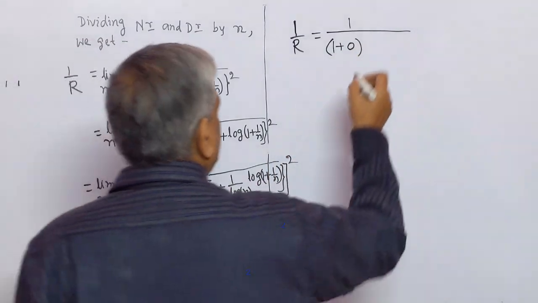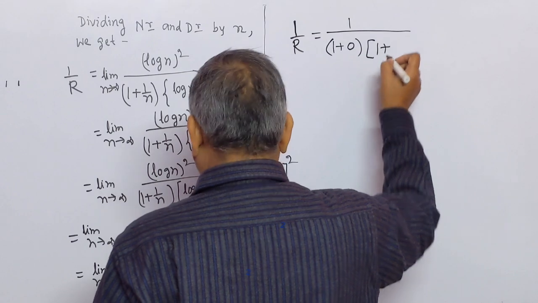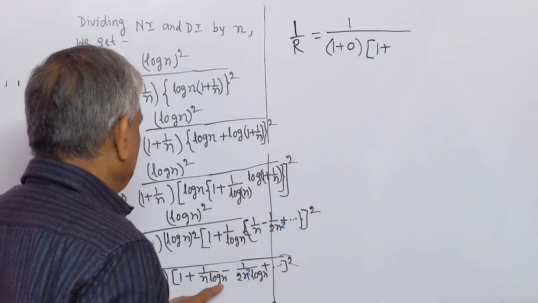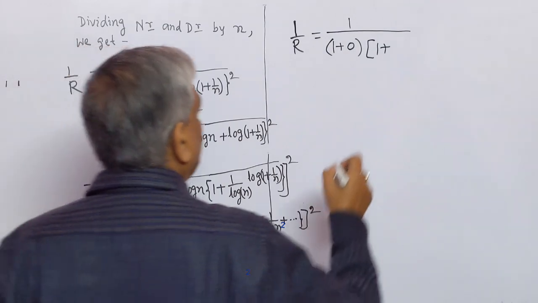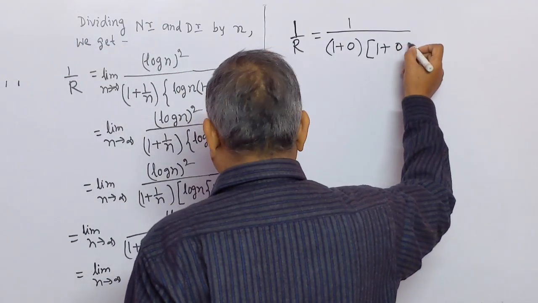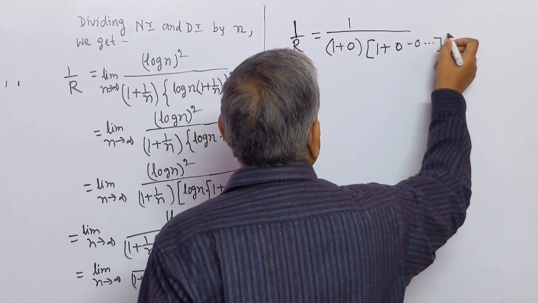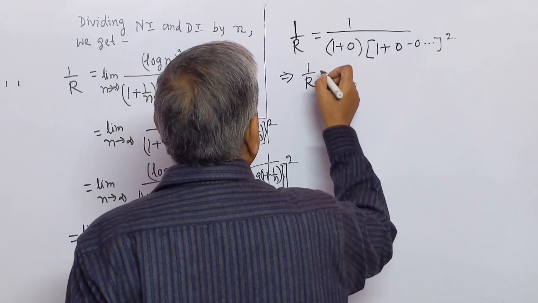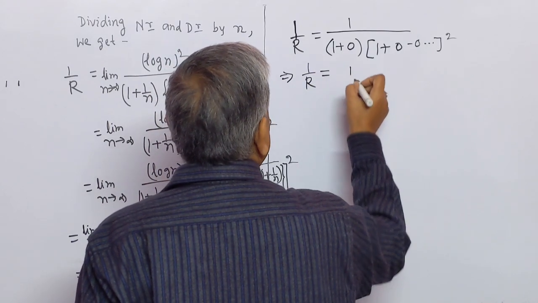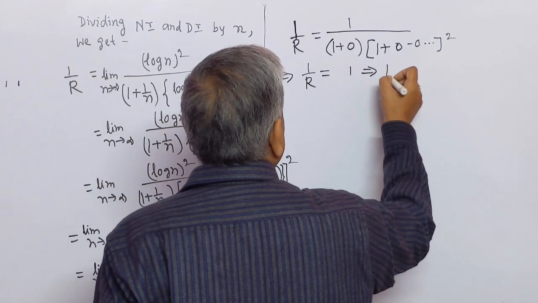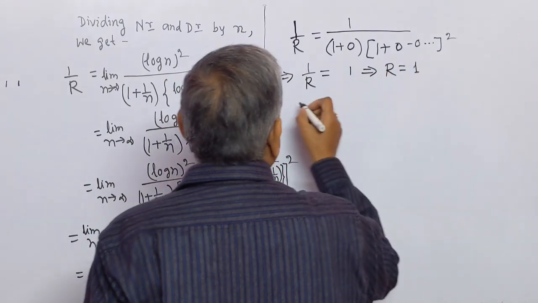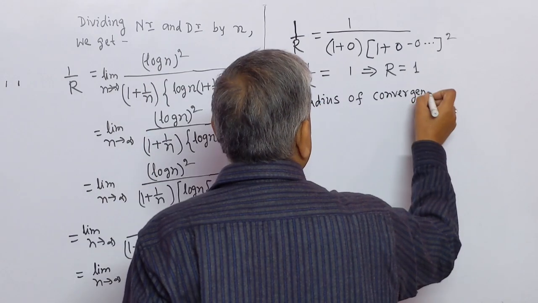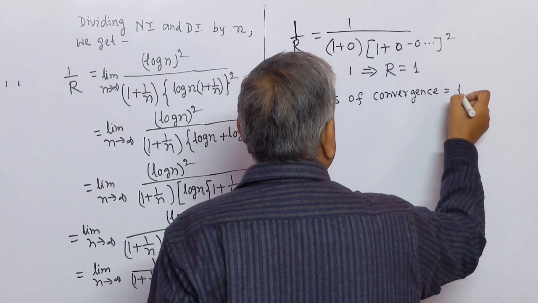Here under bracket 1 plus 1 by (n log n), n tends to infinity, this is 0, all terms are 0, whole square, implies that 1 by r equal to 1, implies that r equal to 1. Therefore radius of convergence equal to 1.